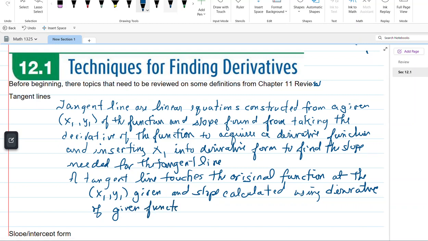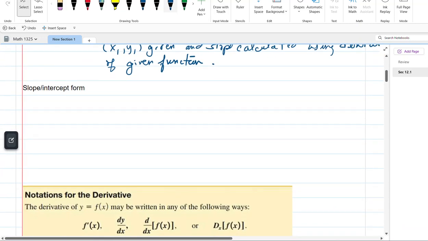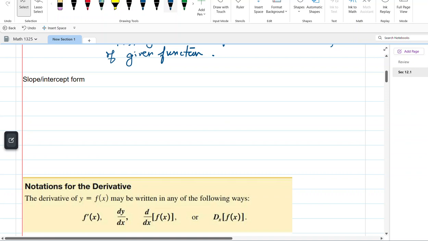A lot of functions, right? Now, we need to say, well, what is that equation?